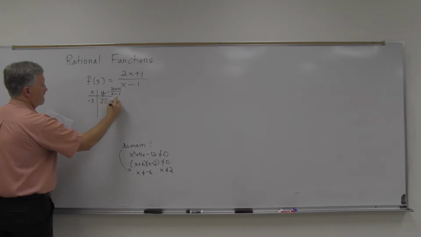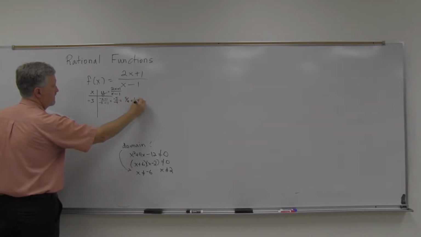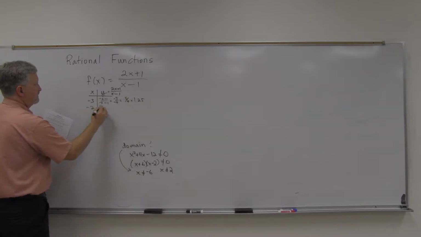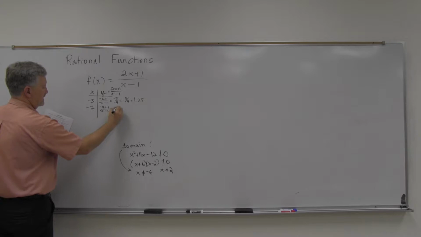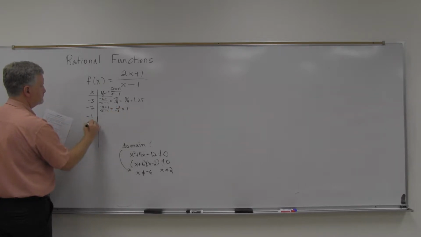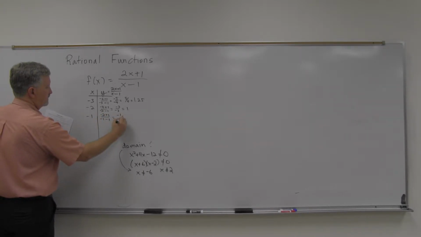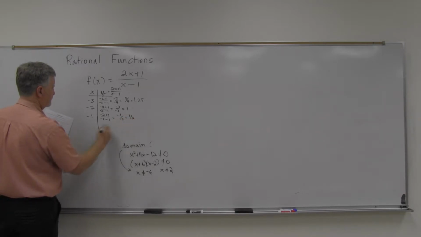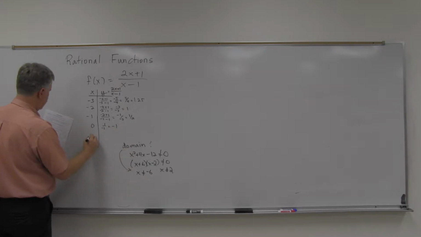So you got -5 over -4, 5 fourths, or 1.25. -2, that would give me -4 plus 1 over -2 minus 1. That's a -3 over -3, that's a positive 1. -1, -2 plus 1 over -1 minus 1, so that's a -1 over -2, positive 1/2. 0, 1 over -1 is -1.